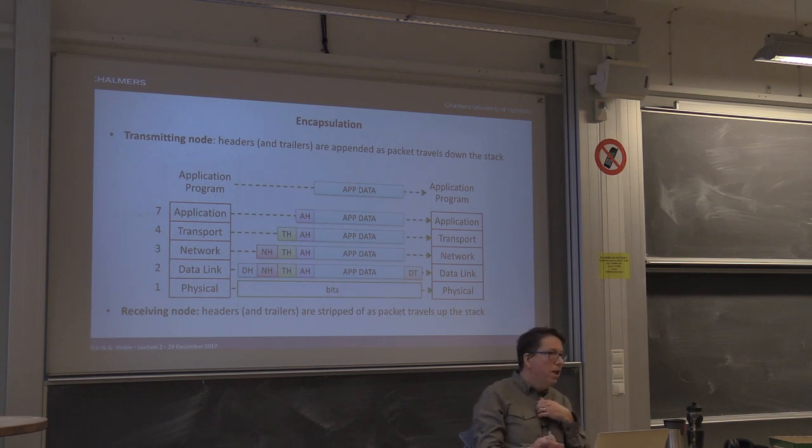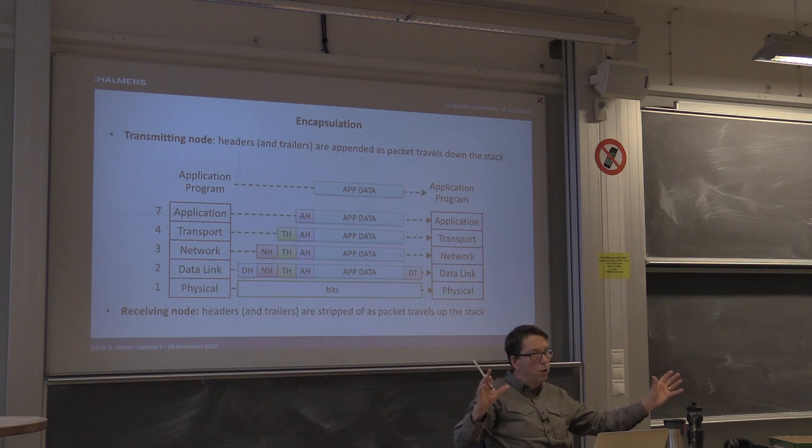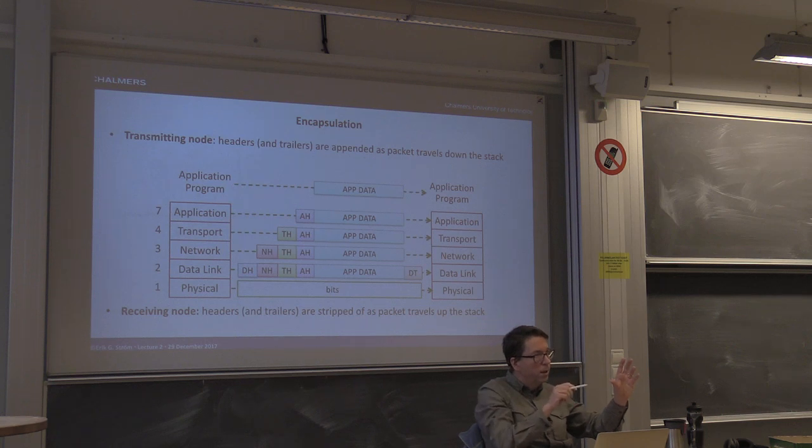So this information on this slide is probably one of the most important ones that we talk about today. This idea about encapsulation, that you take data from above and you put that in your envelope. You don't touch it. You put it in an envelope and you write your addresses or whatever. That's your header.